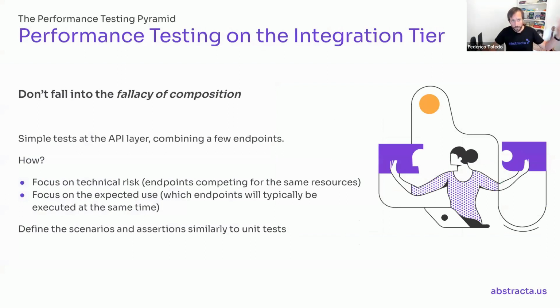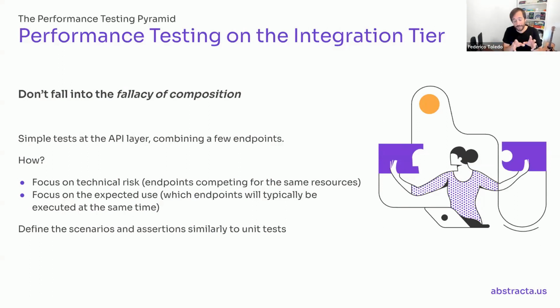If we move to the following layer, the integration layer, the important part here is we shouldn't believe that because we tested the different units, then the whole system is going to be performing correctly, right? This is the fallacy of composition. So the idea here for this layer is to add at least a few test scenarios where you are combining some endpoints.